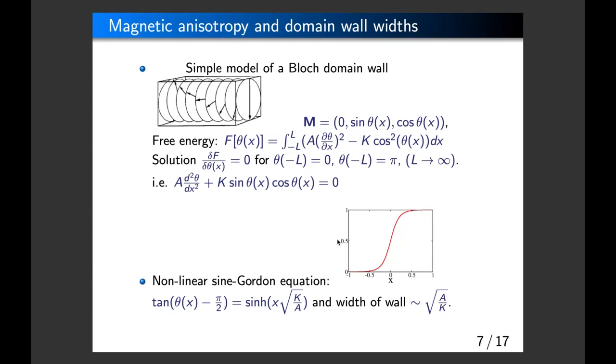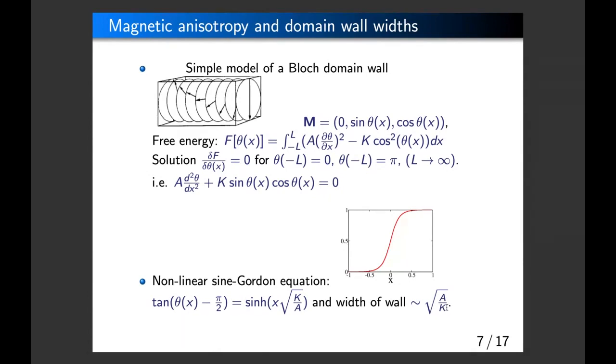which I can just plot out. On the y-axis, I've got the angle in units of pi, and along the x direction, x equals -1 is in one domain, and x equals +1 is in the other domain. You can see that this angle is varying over some region, and one can work out from this equation the width of the wall, and it's the square root of the ratio of the exchange coefficient to this anisotropy coefficient.